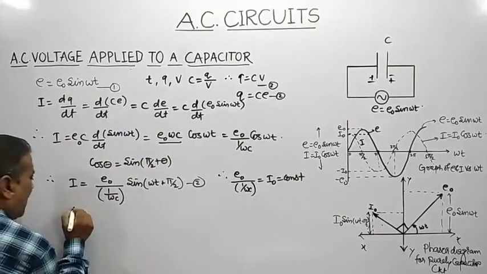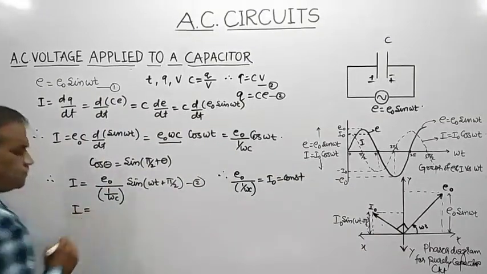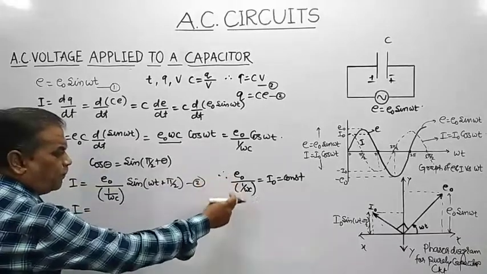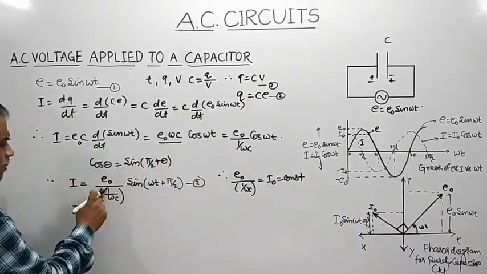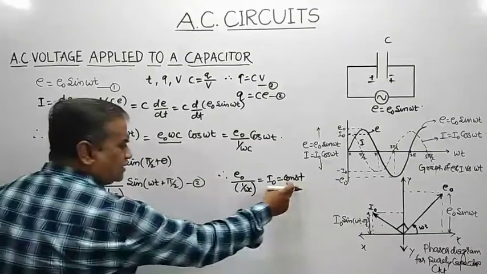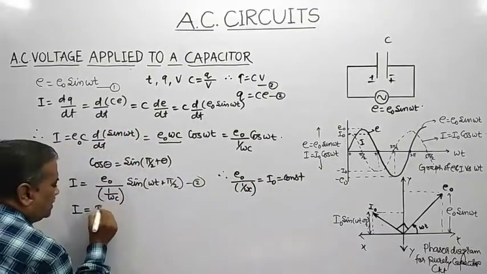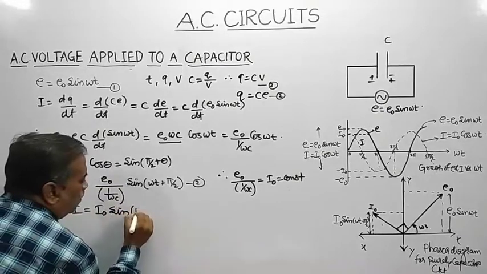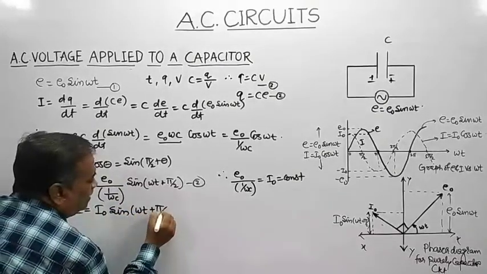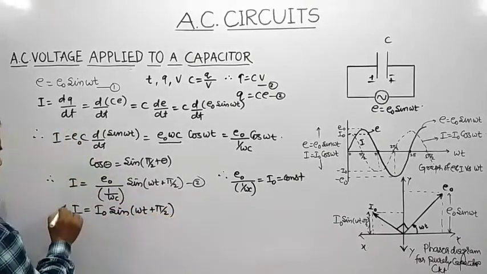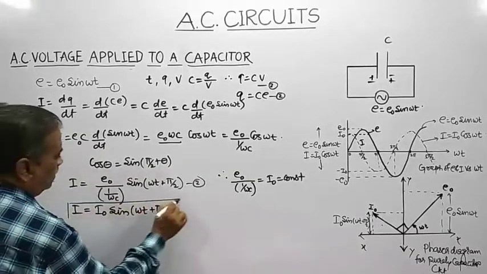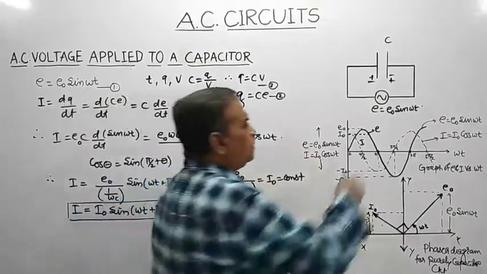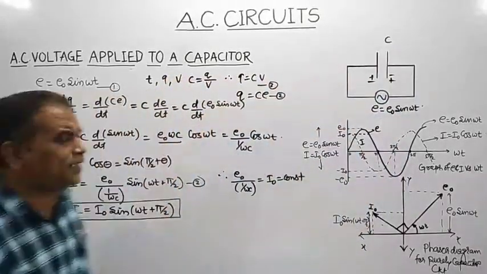So what does this current I become? Current I is equal to I0 into sin of omega t plus pi by 2. So this is the corresponding current flowing through a purely capacitive circuit.